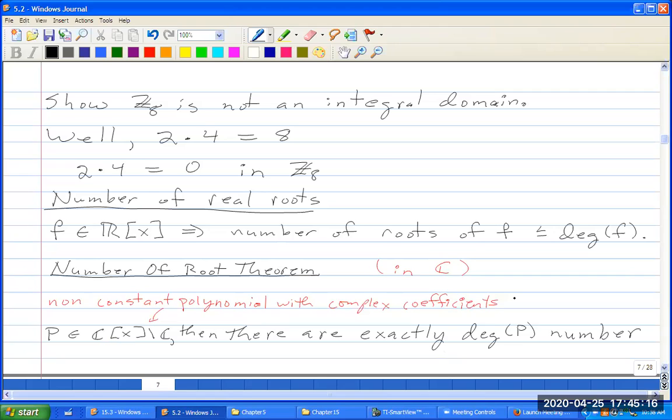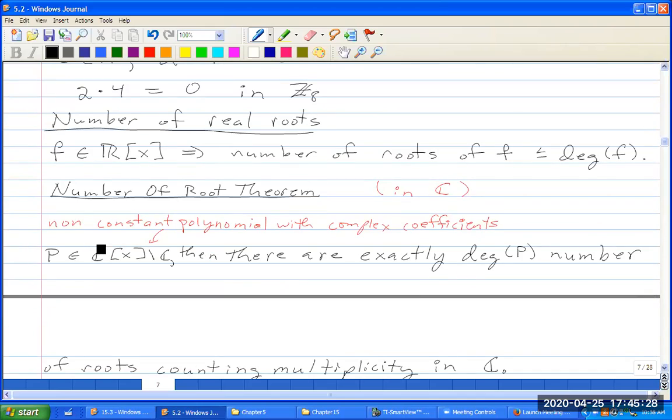In C, we know how many roots there are. So the number of roots theorem. Let P be a polynomial with complex coefficients, and suppose that it is non-constant, meaning I'm taking away any polynomial that only takes on one value.